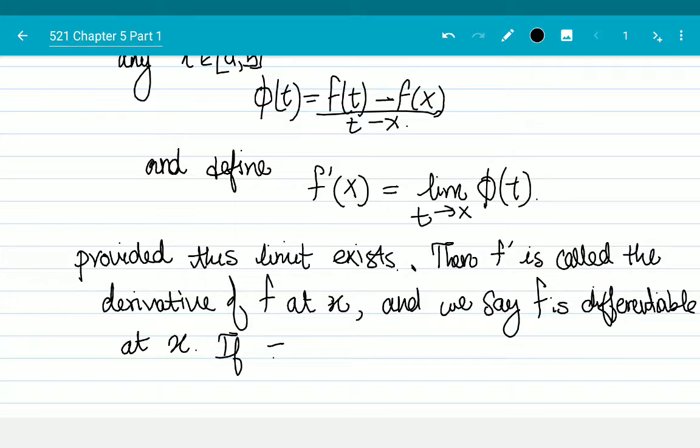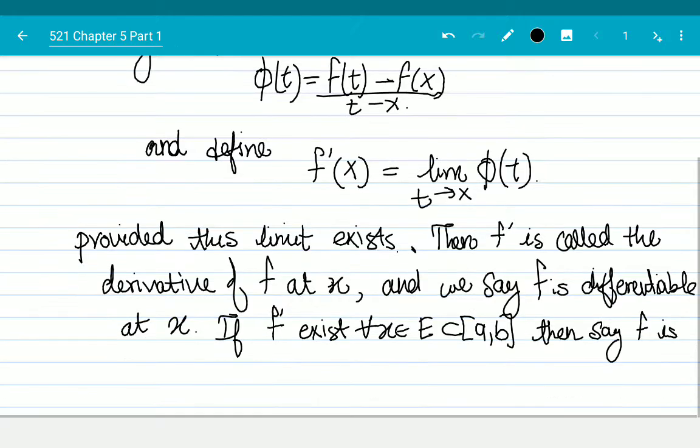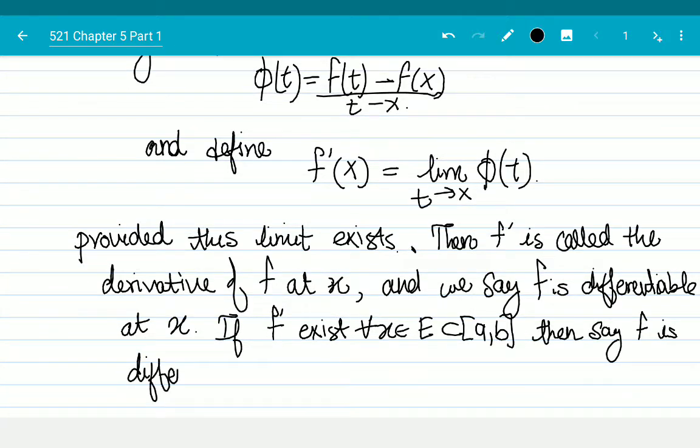If f prime exists for every x in [a, b], which is a subset of E, well, for every E subset of [a, b], then we say f is differentiable on E.